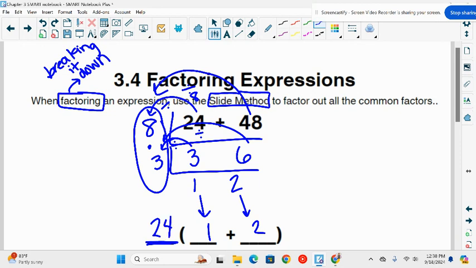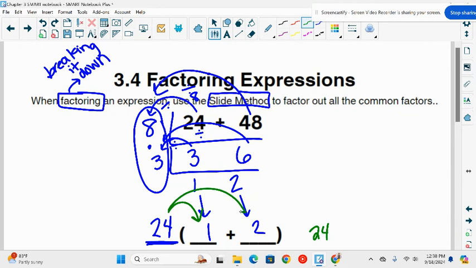Now, Horace originally had said 24, and yes, you could have originally just went ahead and pulled 24 out, and it would have worked. But I wanted to show you the steps as well. So this right here is our distributive property. The beauty about these is you can check these every time to see if you got them right. I can check it and go, what's 24 times 1? 24.